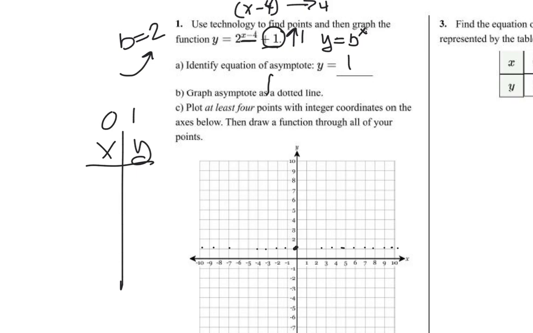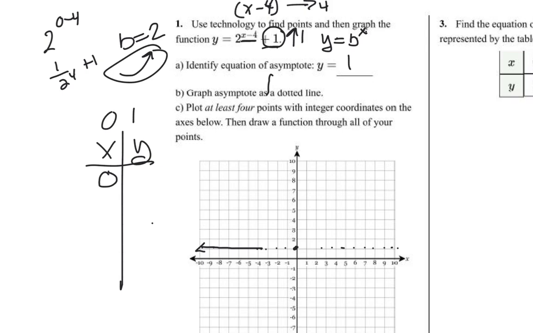All right, so we know that it's going to be flattening out at 1 and then crossing. So let's see what our y-intercept would be. When I replace x with 0, I get 2 to the 0 minus 4, so I get 2 to the negative 4 power. That would be 1 over 2 to the 4th, plus 1.